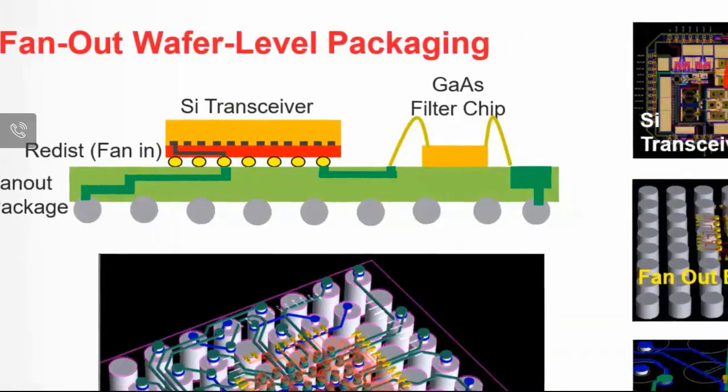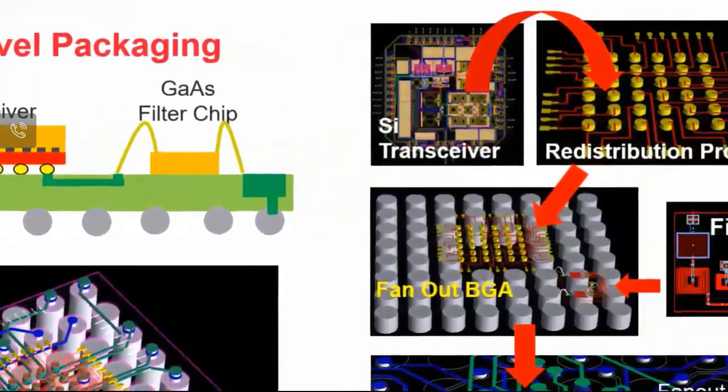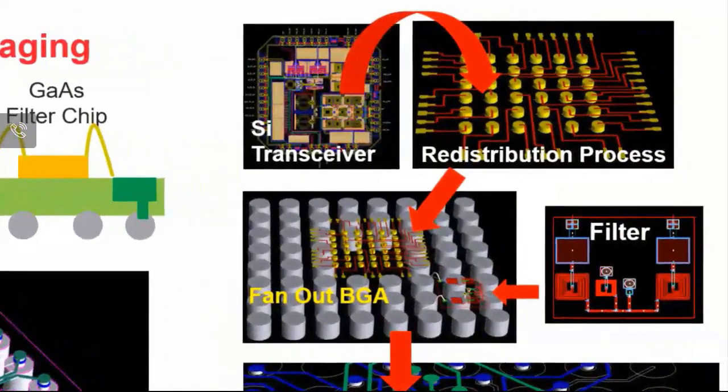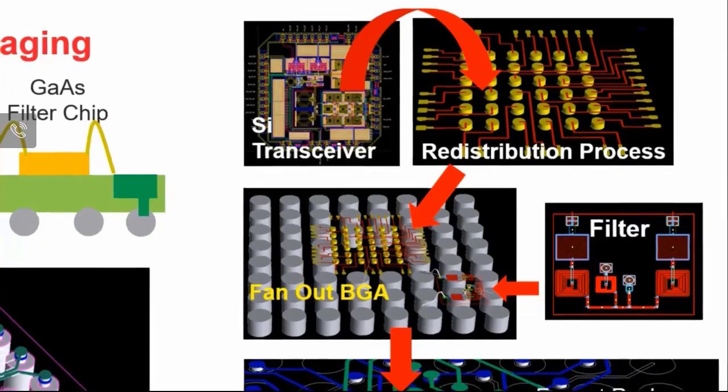The transceiver IC is flipped and placed on top of a fan-in redistribution layer, which we call RDL, and connected with solder balls and routed through a fan-out multi-layer wafer-level package. One reason for the solder ball connection is to reduce or eliminate the high loss and parasitics associated with traditional bond wire connections, especially in higher frequency applications.